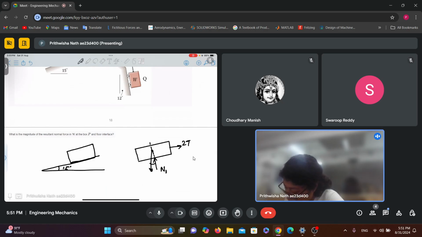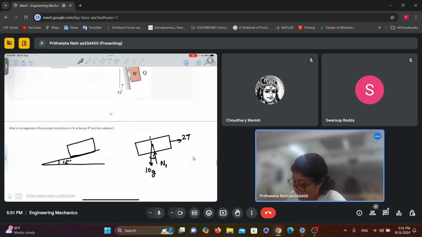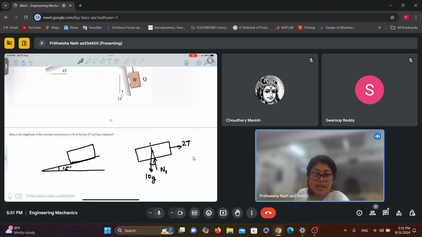So can you tell me what is this angle? This is 10g, right? Yeah, 10 kg. So can you tell me what is this angle in between?